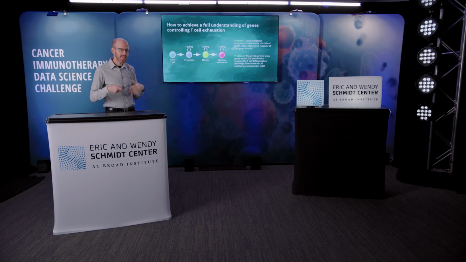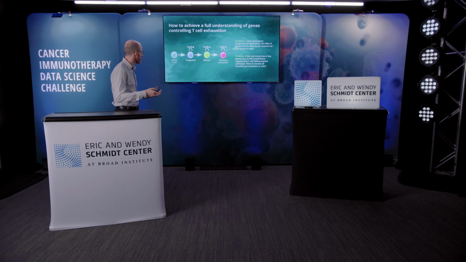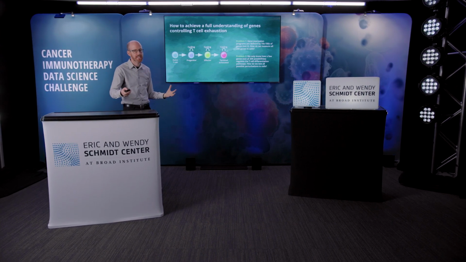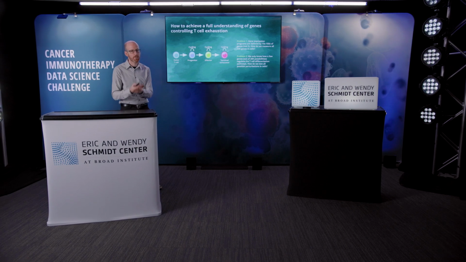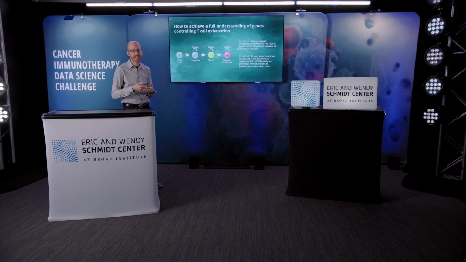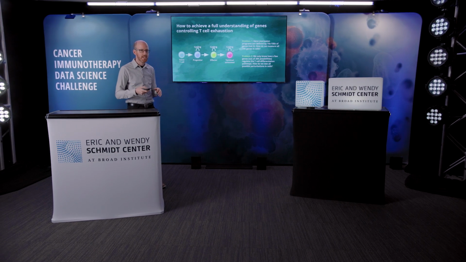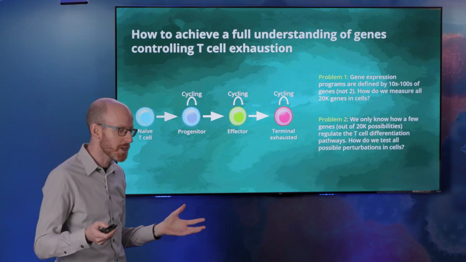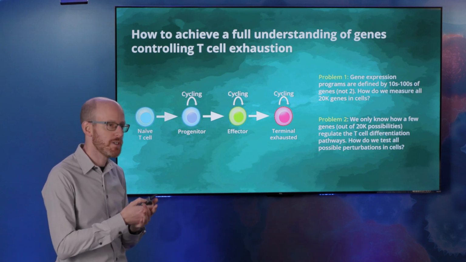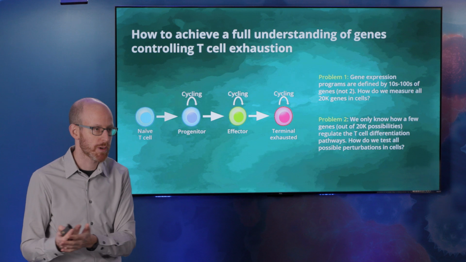At this point, you have an understanding of how single-cell RNA sequencing works and how we can take a population of cells, measure the gene expression program within the single cells, and with some analysis, identify the gene expression programs and the linked cell states for those single cells. The next problem we want to solve is what happens when we do genetic perturbations to the T cells, and how does that affect the gene expression programs?